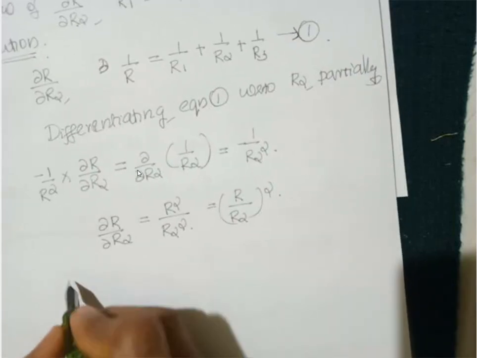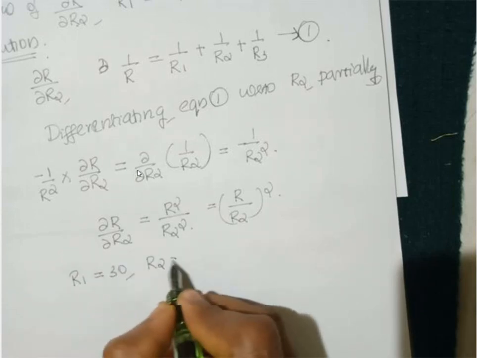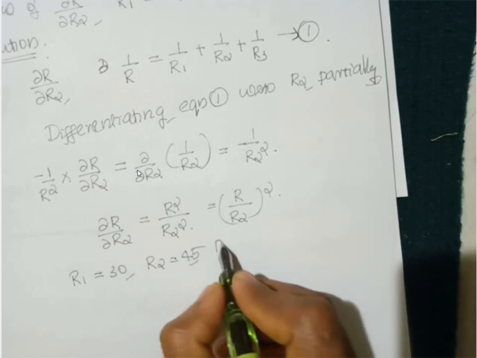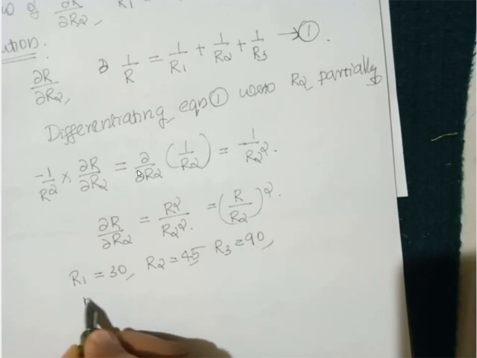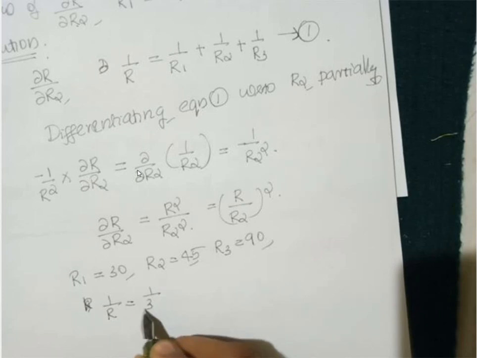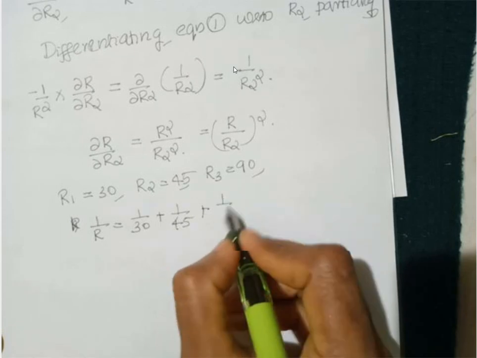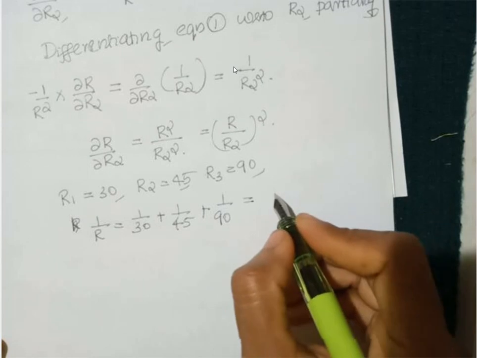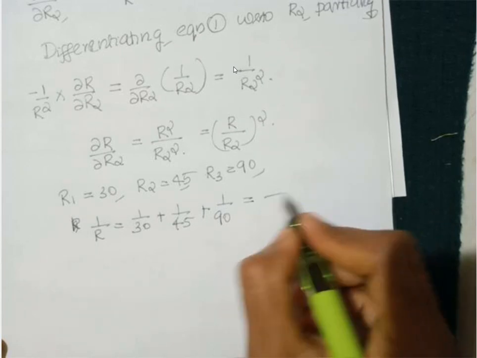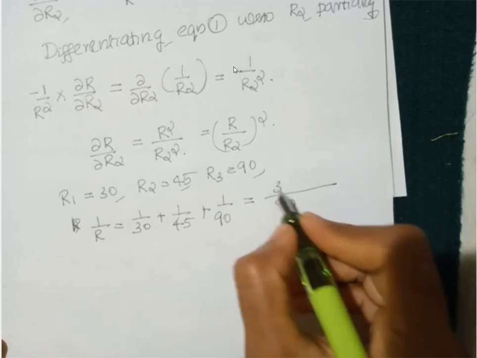When R1 equals 30, R2 equals 45, R3 equals 90, we can calculate R from the equation 1/R = 1/30 + 1/45 + 1/90, which equals (3 + 2 + 1)/90.